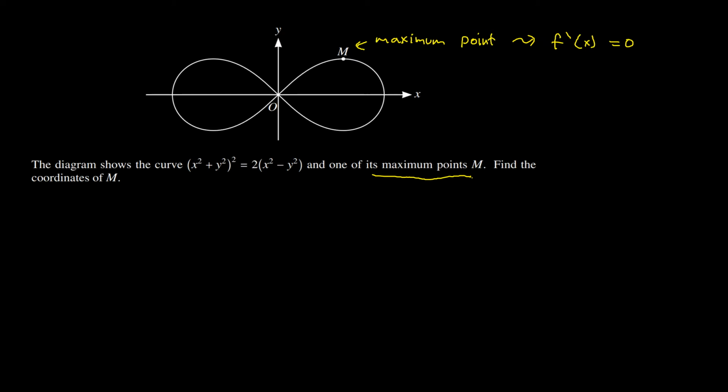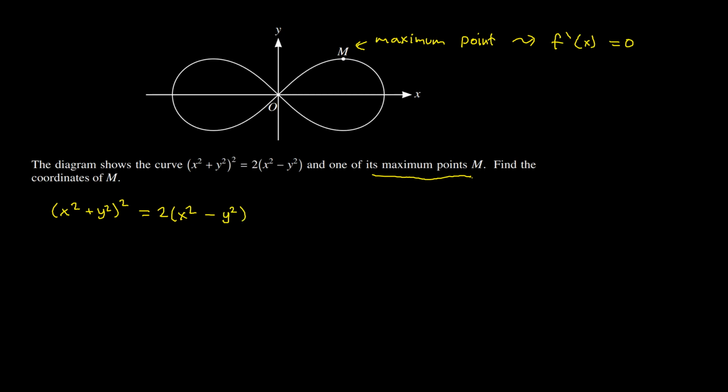Okay, so now let's rewrite this curve equation. x squared plus y squared quantity squared is equal to 2 multiplied by x squared minus y squared.